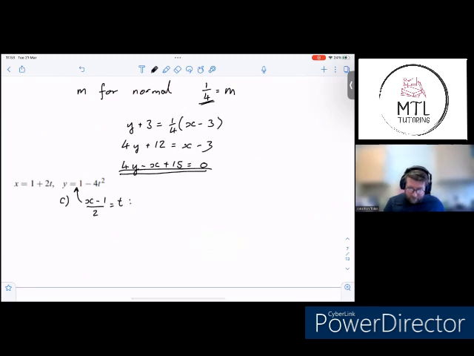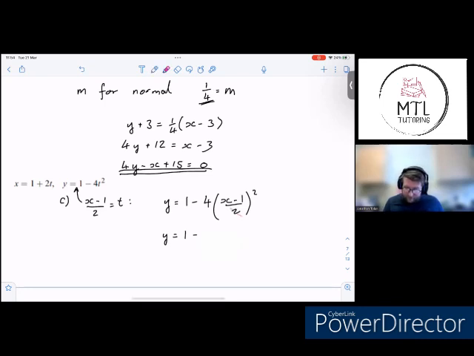So we get y equals 1 minus 4 times t squared. So y equals 1 minus... okay, so the 4 is going to cancel, isn't it?